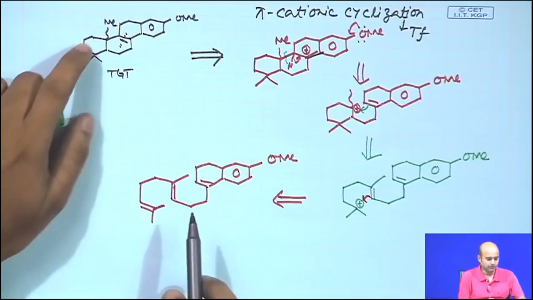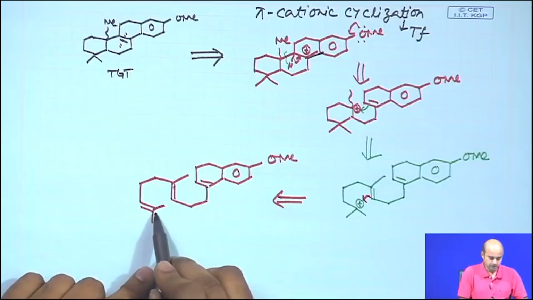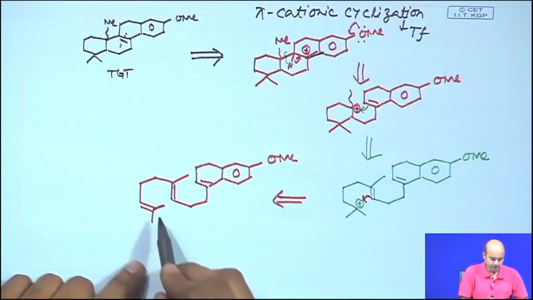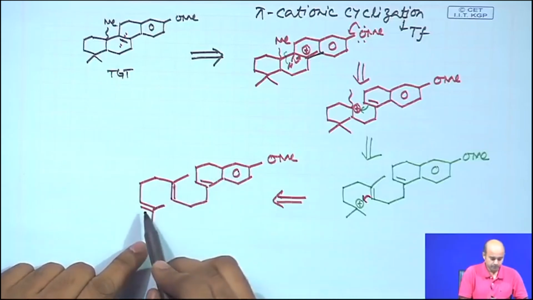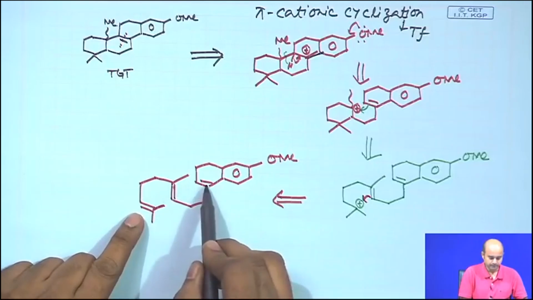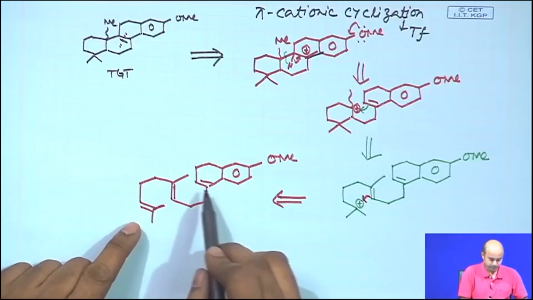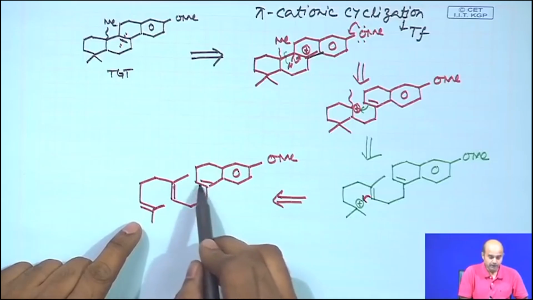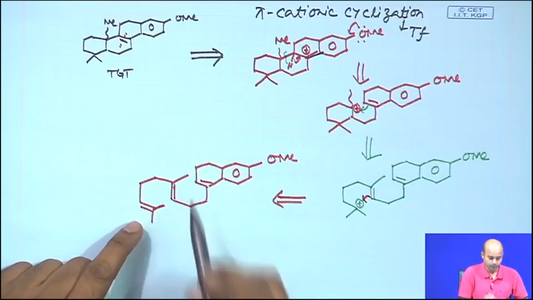So, eventually all the 3 rings we have disconnected. Now, this cyclization is pretty important. If you have this compound where 3 different pi bonds are there, these 3 different pi bonds are positionally situated in such a way that they are in close proximity to this carbocation.